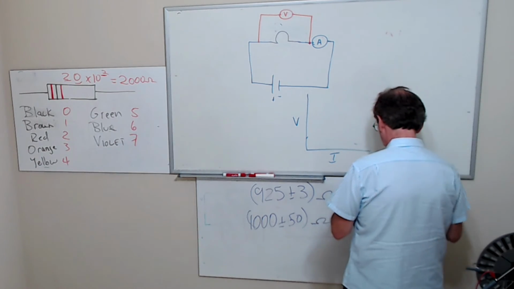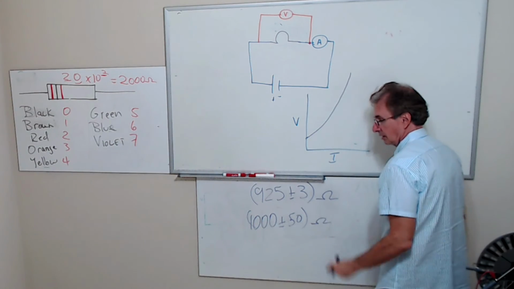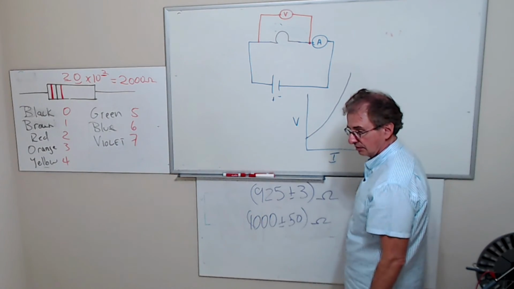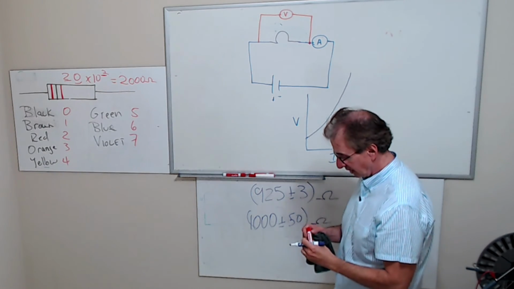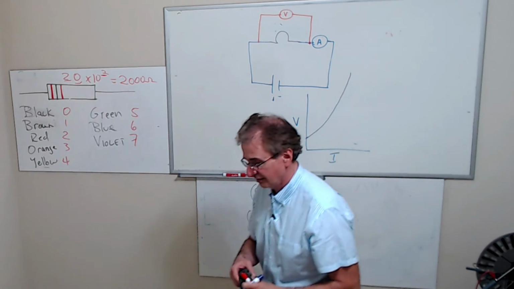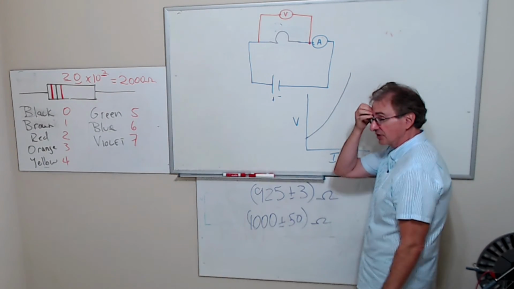And thus you'll get a graph that probably looks like this. You're only going to have 6 data points, okay? You're only going to have 6 data points. It's going to be actually hard to see the curve.